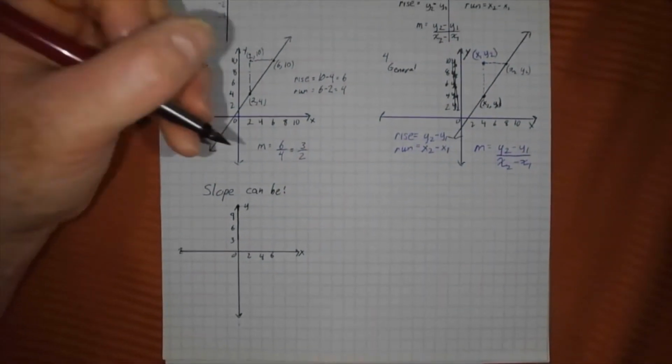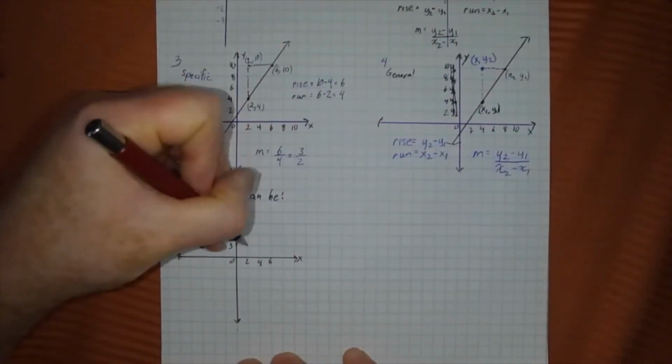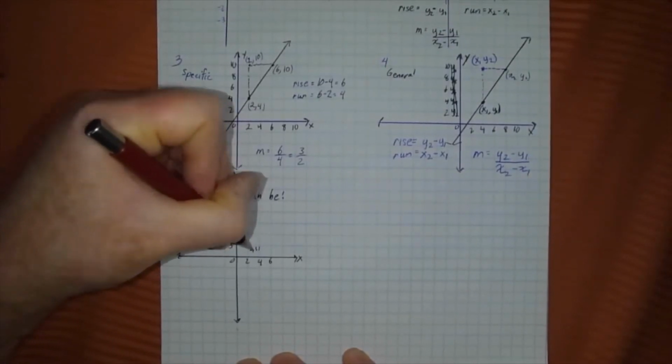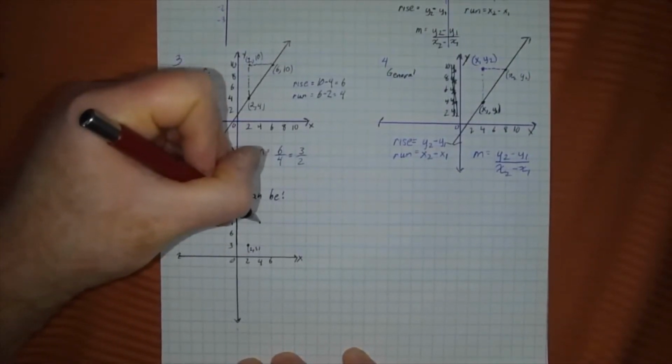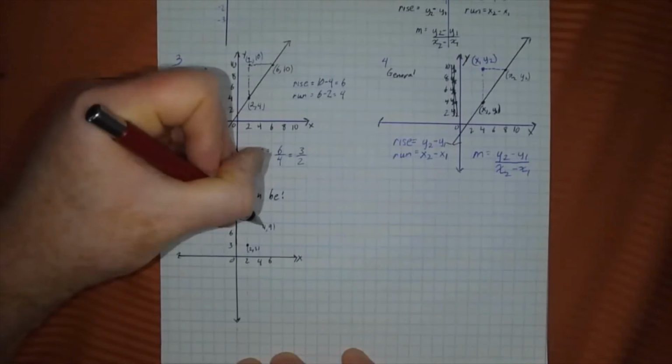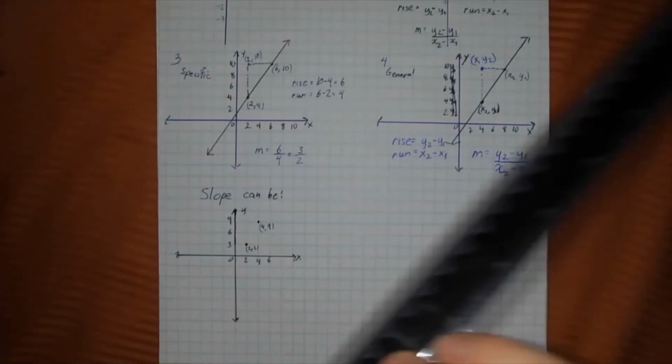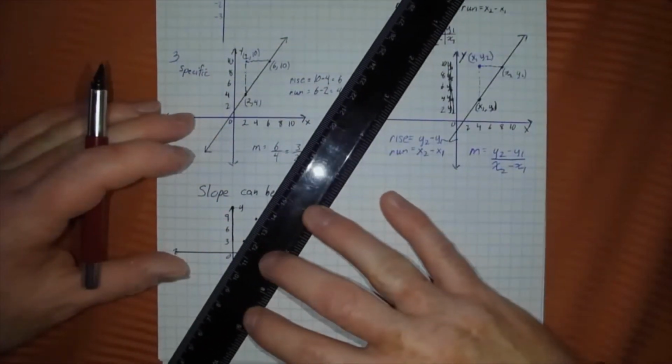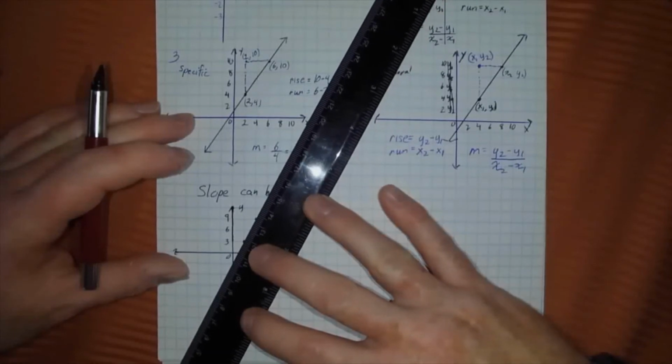Okay, let's say I start with the line here at 2, 3, and I go up to 4, 9. What is my slope going to be?